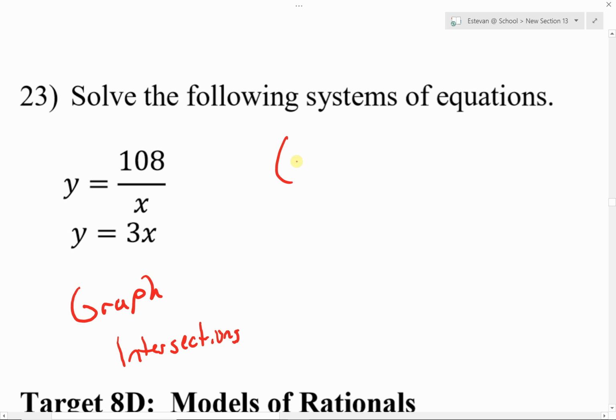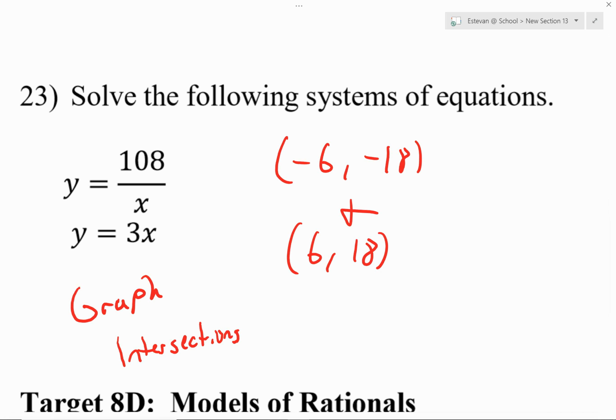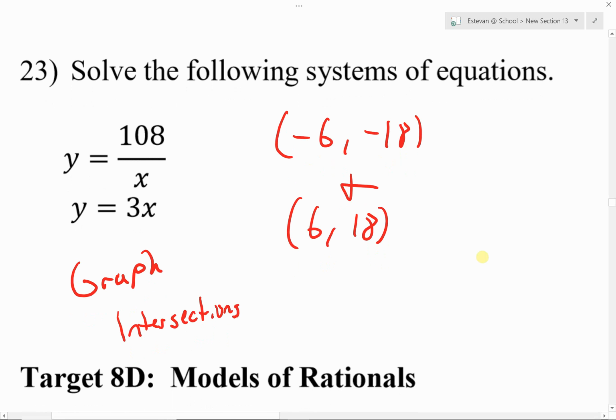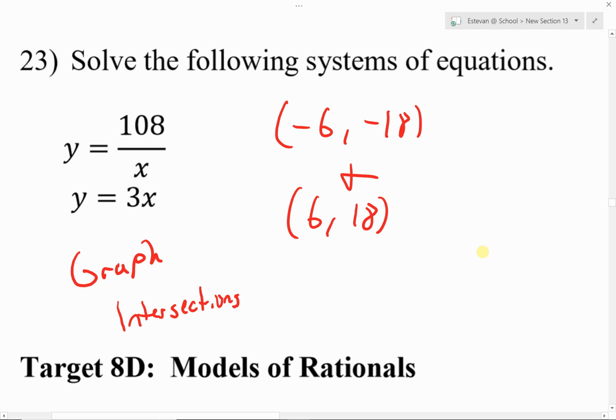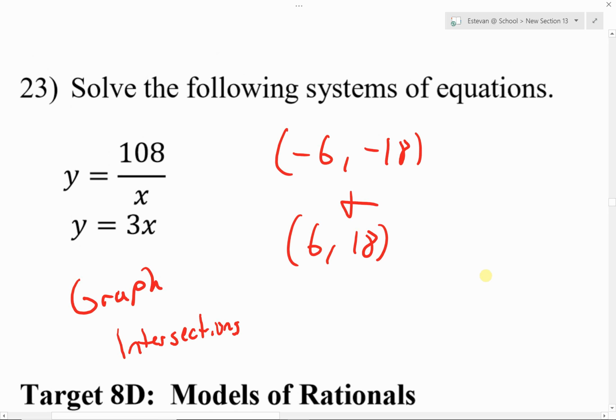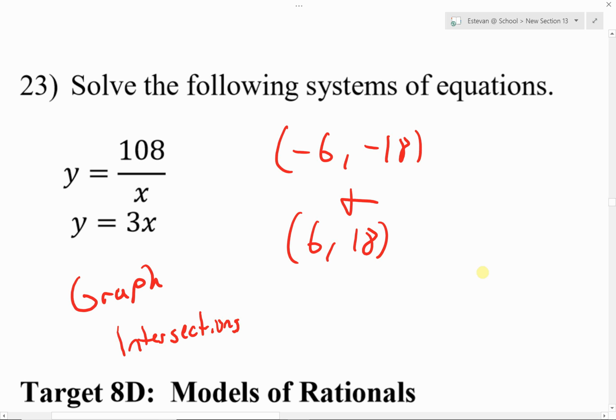So my answer was -6, -18, and +6, +18. Alright, so I guess that'll be it for, oh no, my bad, I jumped the gun. We still have one more problem. So that's it for problem 23: -6, -18, and 6, 18.